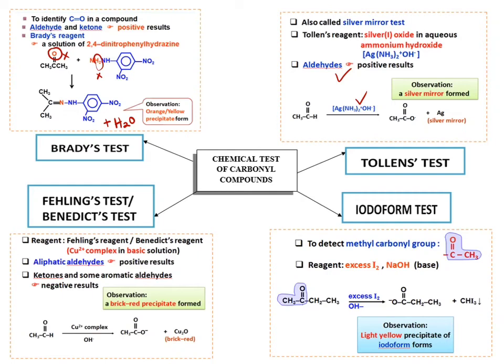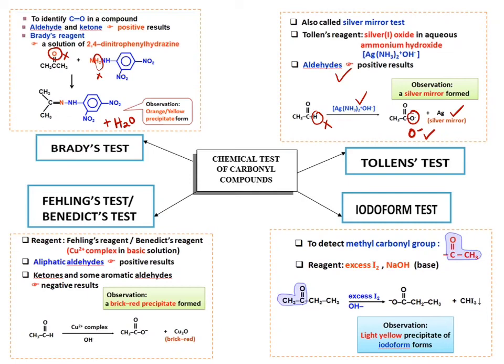You just focus on the C double bond O. The H you remove and replace with O minus. That's all. And the side product is the silver mirror. This is our side product. See? So this is the equation. Very simple. Just remove the H and replace with O minus.